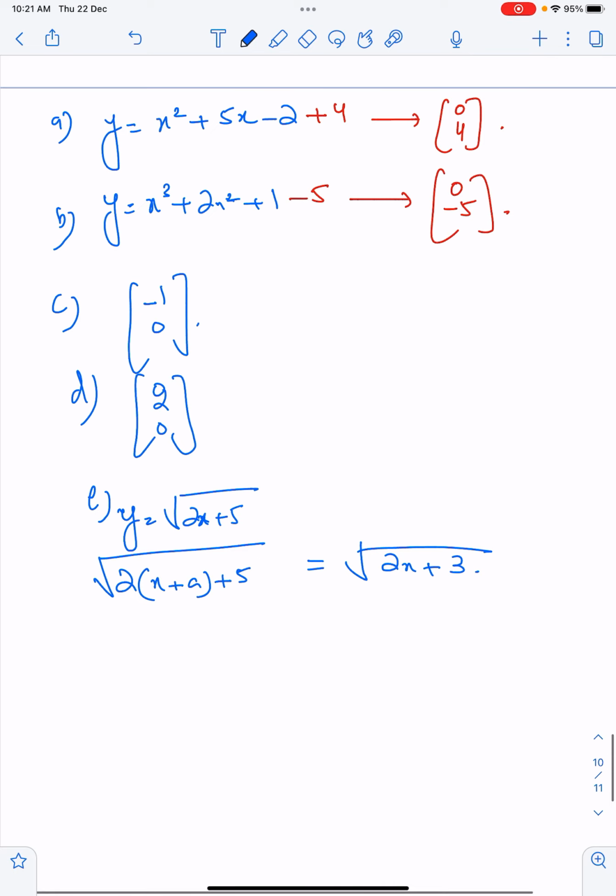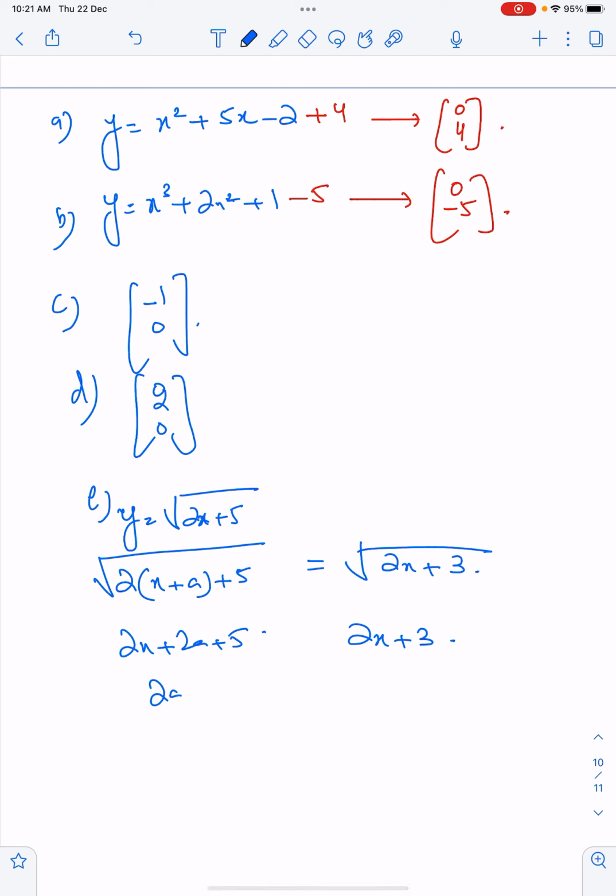Okay. From here we understand that it's not vertical movement, because if it's a vertical movement then the constant should be added after the square root sign, outside the square root. But since it's inside, that means there is horizontal movement and they have added or subtracted something from x here. So if I compare the two sides, I get 2x plus 2a plus 5 here, and here I've got 2x plus 3 if I get rid of the square root from both the sides.